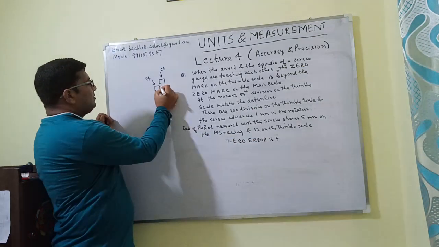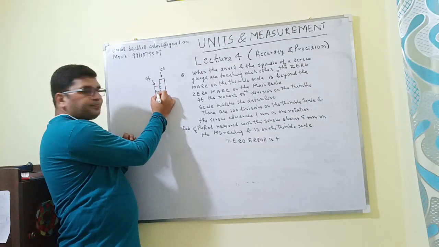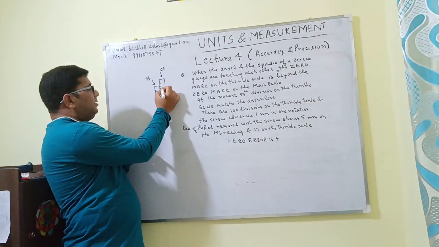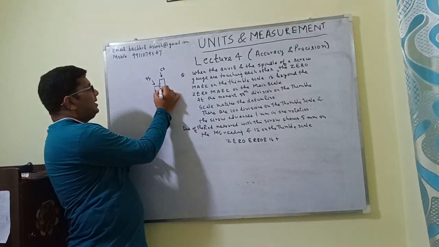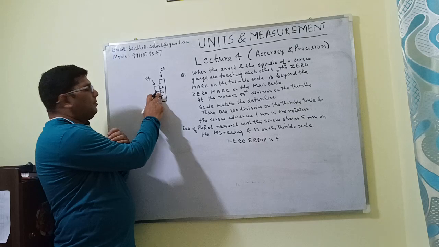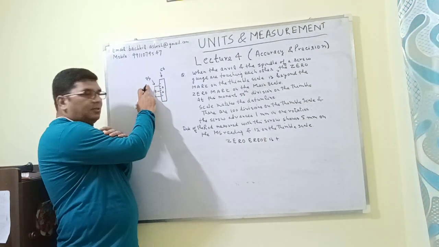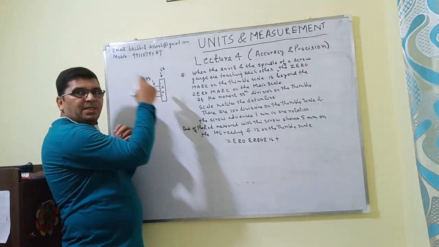If the 0 was on the upside of this 0 mark, let's say if the 0 was here somewhere, then it is on the upside of the 0 on the pitch scale. So in that case the 0 error will be negative.